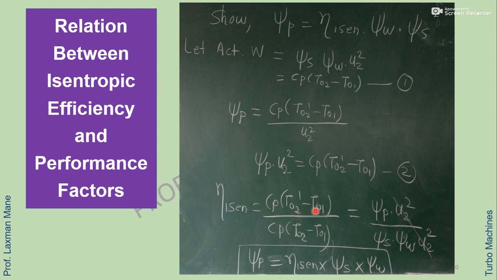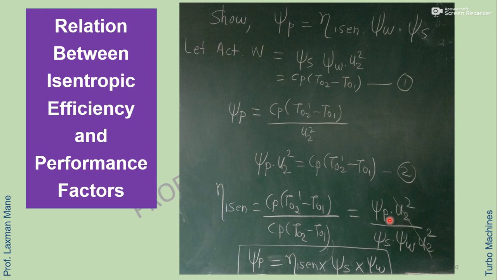Now we can substitute for T02 dash minus T01 from equation 2, that is psi p into U2 square, and for Cp into T02 minus T01, from equation 1, we can write psi s into psi w into U2 square in the denominator. So U2 square gets cancelled.